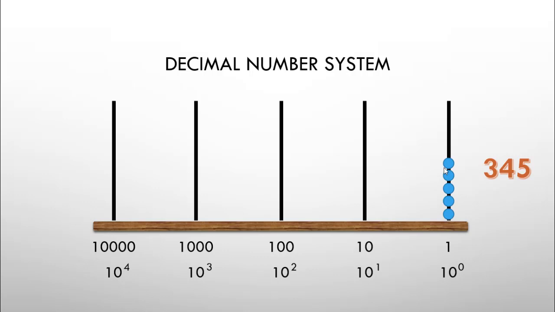And for 40, I will need 4 tens, so I will use 4 beads in the next line. And for 300, I will need 3 beads to represent 300 in this line. So to represent 345 in decimal numbers, I will use the counting frame like this.